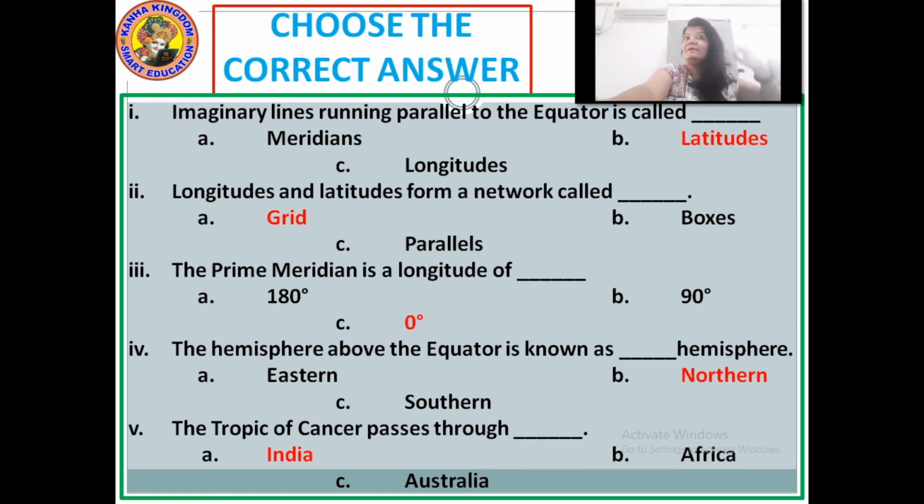Prime meridian is a longitude of dash, option C, 0 degree. The hemisphere above the equator is known as dash hemisphere, option B, northern hemisphere. The Tropic of Cancer passes through dash, option A, India.